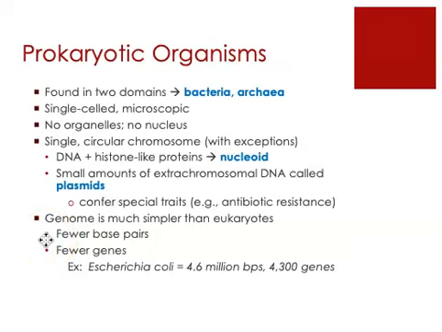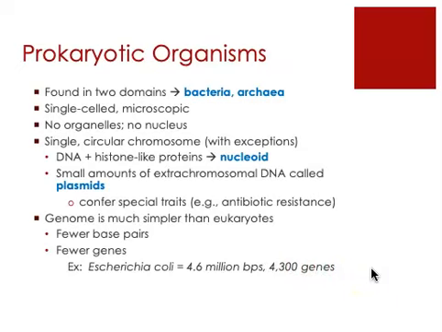For example, in an E. coli cell, and E. coli is a type of bacteria, there are about 4.6 million base pairs in that circular chromosome. Now that seems like a huge number of base pairs, but remember, in 4.6 million base pairs, there's probably about 4,300 genes.